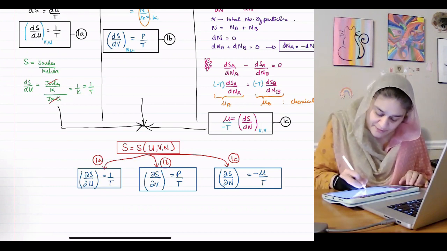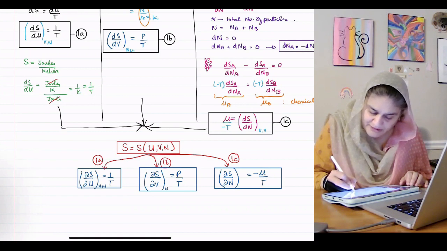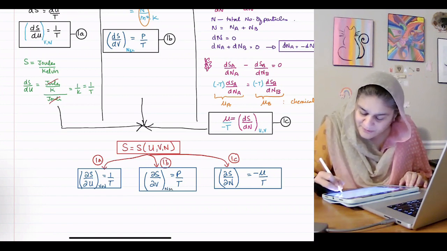So in this one, it'll be V and N. It will be N and mu. And this will be U and V.